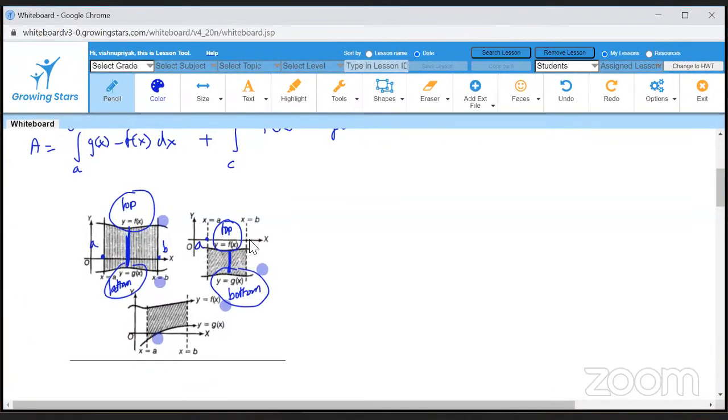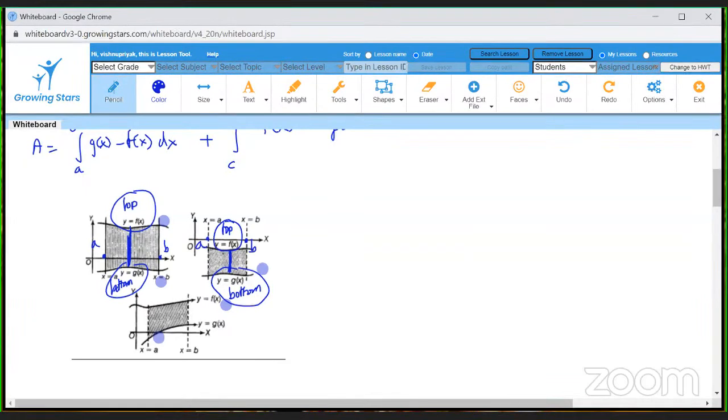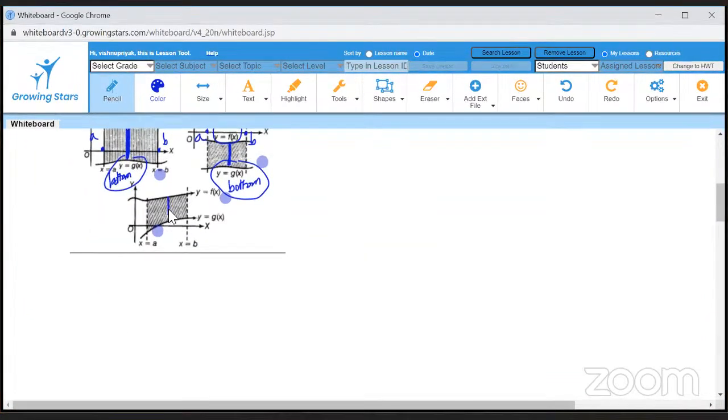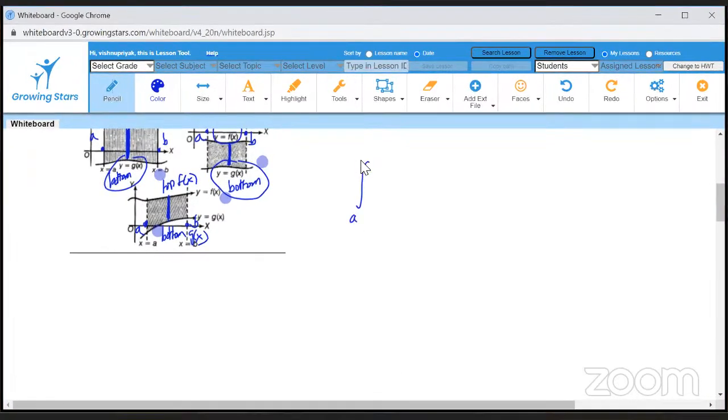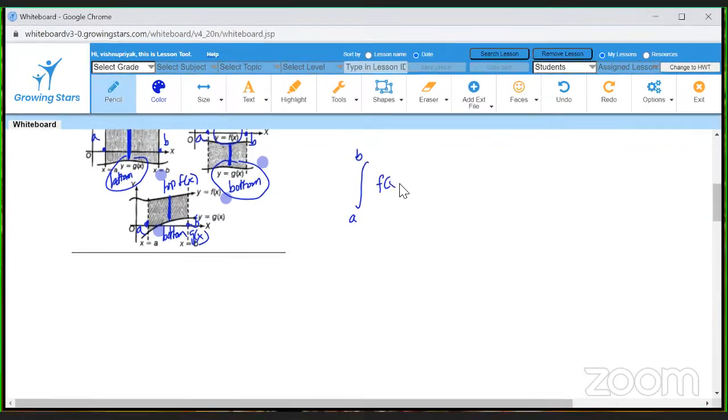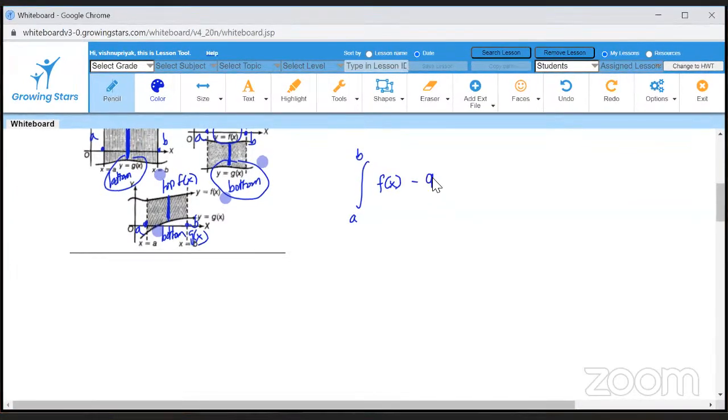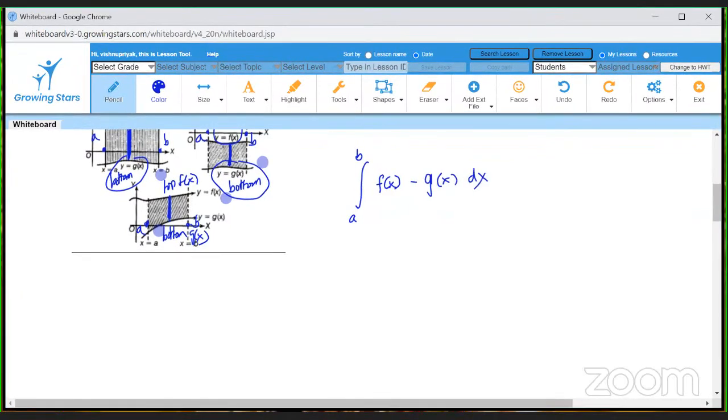Bounds: the shaded region is starting at A and ending at B. Wherever it is, if you have top is f of x, bottom is g of x, and bounds on the x-axis A to B, you can find the same integral, bounds A to B, top f of x minus bottom g of x. So you need not worry about the curve. That is the main thing I am on.